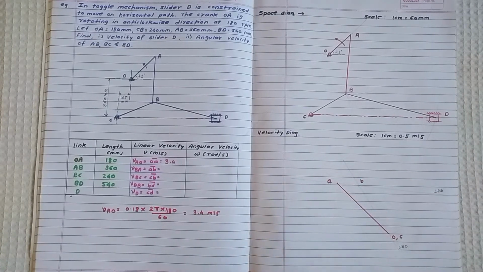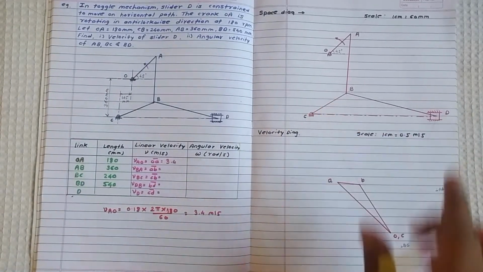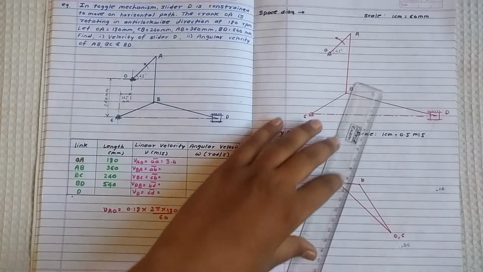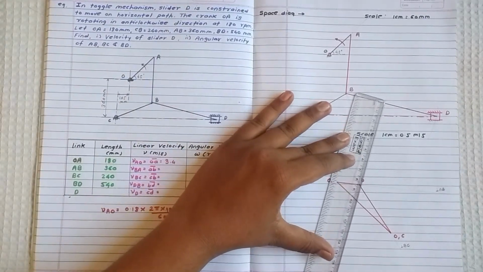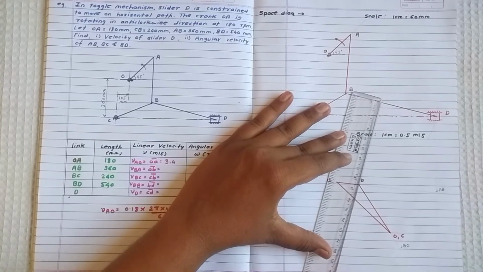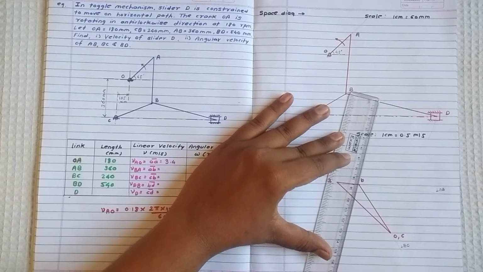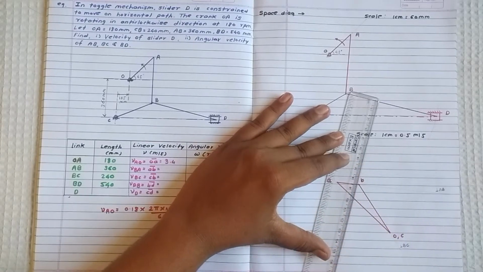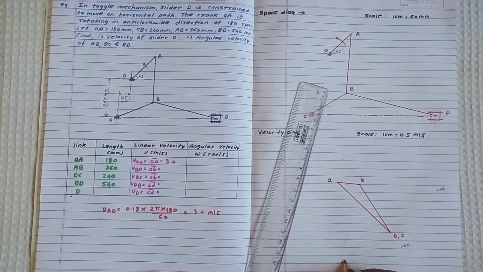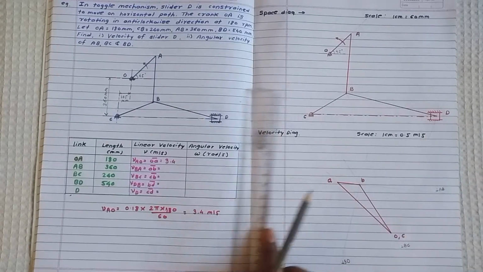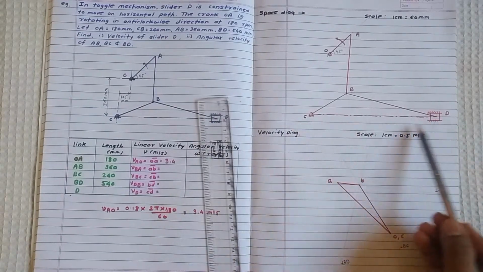Join ab and cb. Now next is BD. We can draw a perpendicular to BD from point b. So let us draw the perpendicular. This line is perpendicular to BD. Now the next link is the slider, and it is moving along the line of action CD.